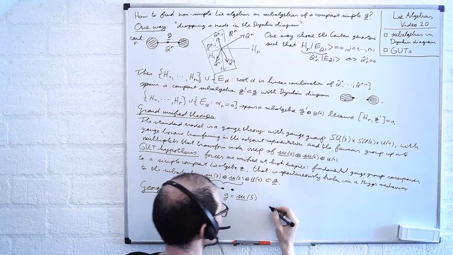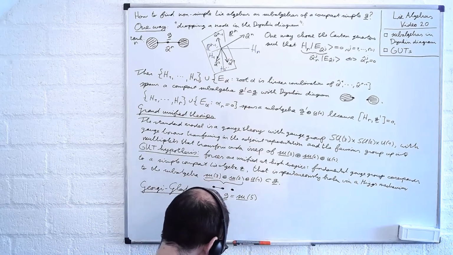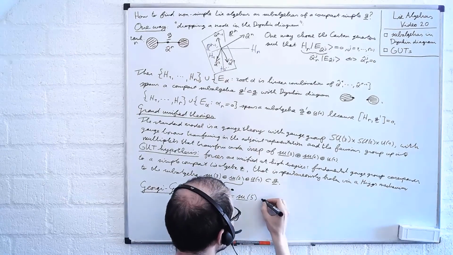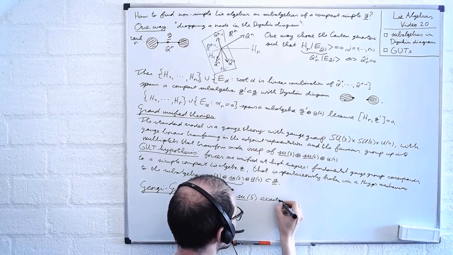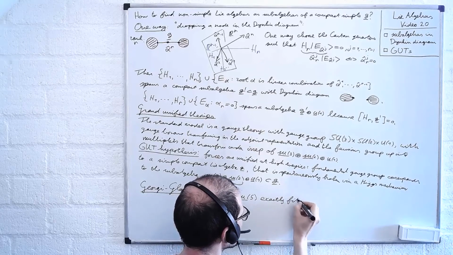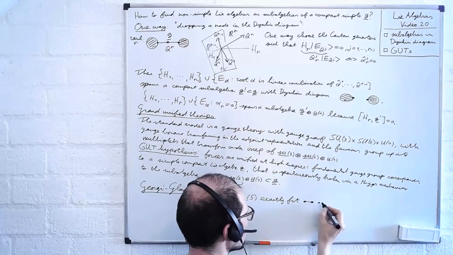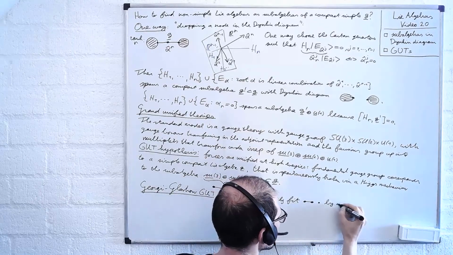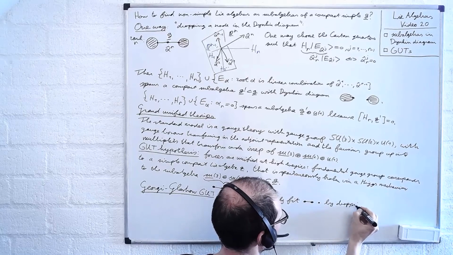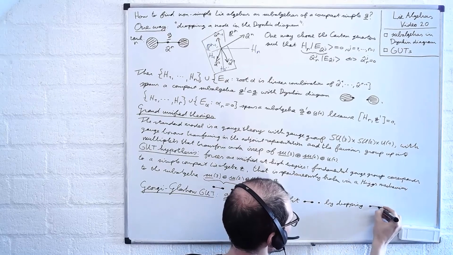So it can exactly fit this Dynkin diagram by dropping a node.